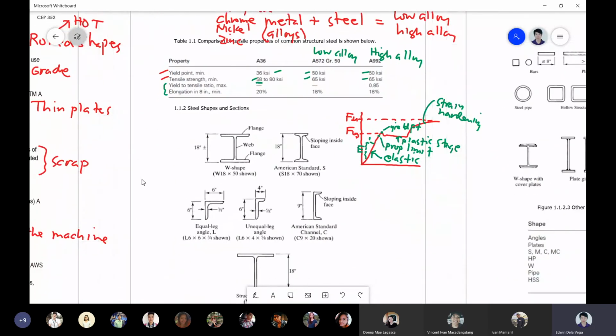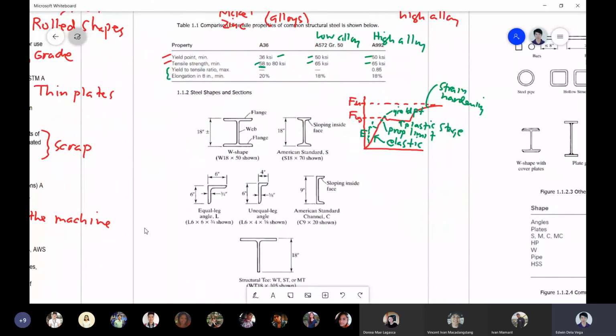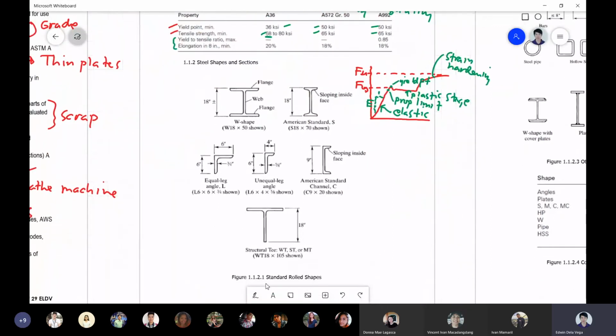Okay, for the steel shapes, these are the rolled types that I told you a while ago. Standard rolled shapes. Okay, so these are the rolled sections or shapes. And you'll notice that we have the wide flange, the American standard, S. Okay, so the difference between the two is the sloping side, okay, sloping inside face.